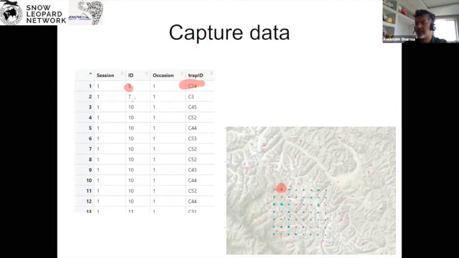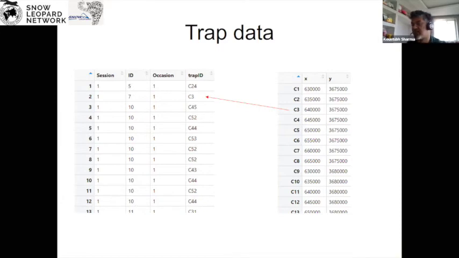Snow leopard number 10 has been captured on C45, 52, 44, 53, again on 52, again on 52, again on 43, 44, again on 52, and 44, and so on. So this one, snow leopard number 10, has been captured several times on a few cameras. But the good news here is that it has been captured on multiple cameras, which is exactly what we want for our data to become useful to estimate those unknowns that we have.